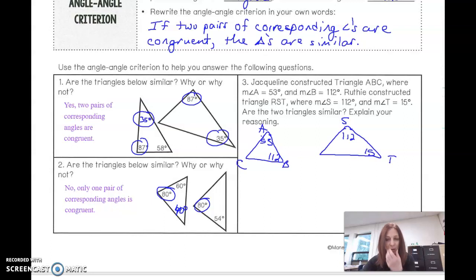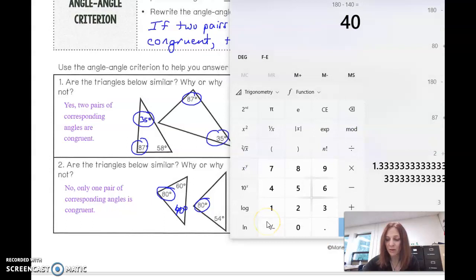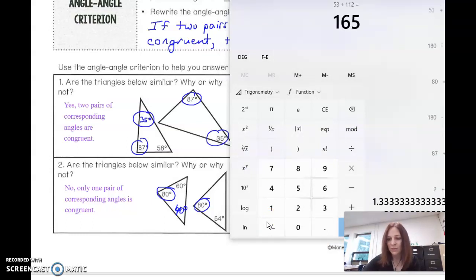Are they similar? Well, with my awful writing here, we're going to do the same thing. This is a 53 that we've done before. So I'm just going to use a 53 and 112. That's 165. 180 minus 165 is not that. Let me try again because you can see that I'm rushing.